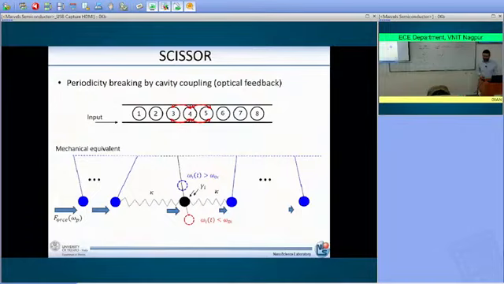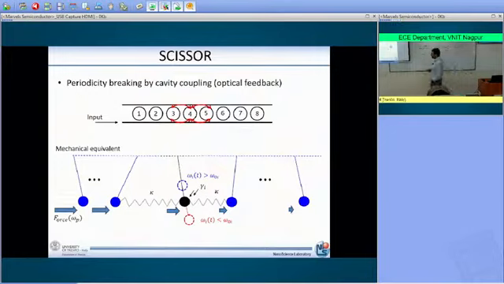So the situation is very similar to that of a series of pendula that are coupled together, okay? And here the physics starts to get interesting, because we enter into a quite complicated situation.